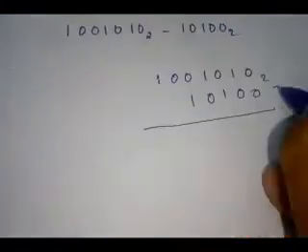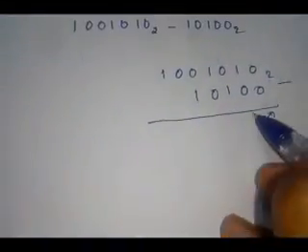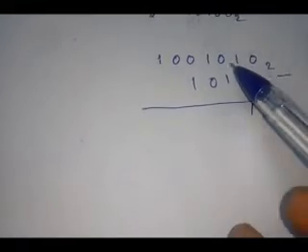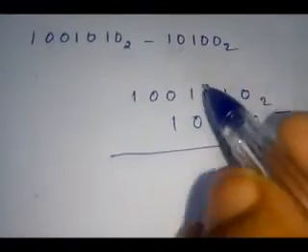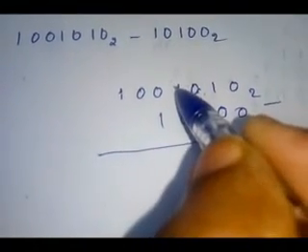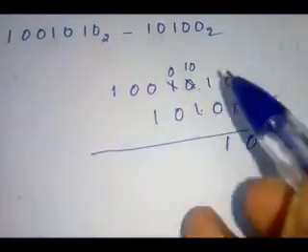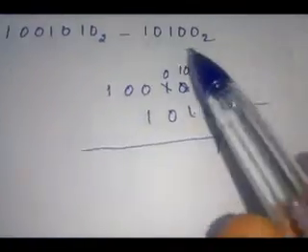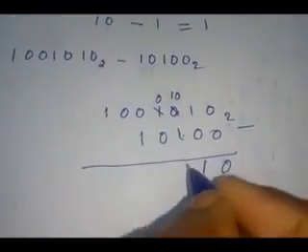Now subtract. 0 minus 0 is 0, 1 minus 0 is 1, 0 minus 1 we cannot subtract, so we have to take a borrow from the next digit. Here this becomes 0, this becomes 1 0. Ordinary mathematics only. 1 0 minus 1. What is the answer? 1.